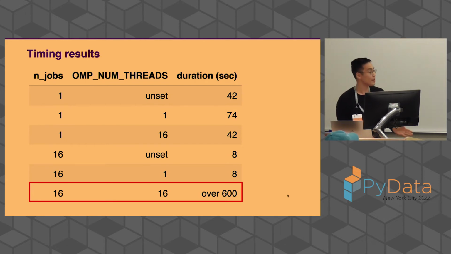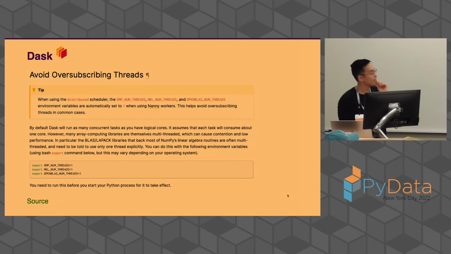So this is a problem, and libraries like Dask, by default when working with Dask, it sets all the environment variables to 1. So when Dask spawns its workers, everything is in single-threaded mode, and that's how it avoids the oversubscription problem.